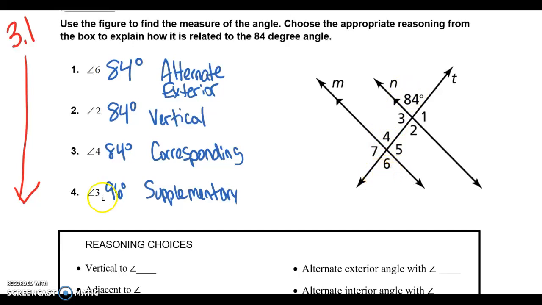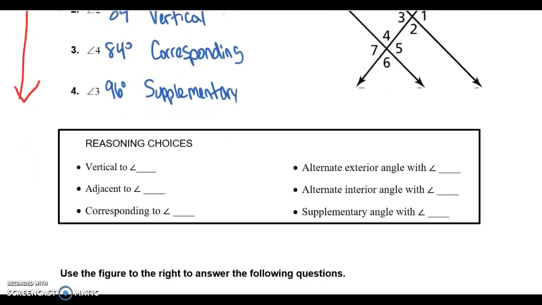And then lastly on here, angle 3, we know is not 84, but the 84-degree angle and the 3 lie along this line. That makes them supplementary. Together they add to 180. So once we found that angle 3 is 96, so is 1, so is 7, and so is 5. So make sure you know your vocab words.